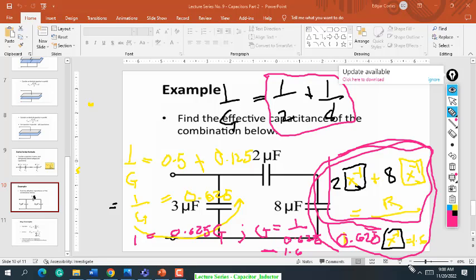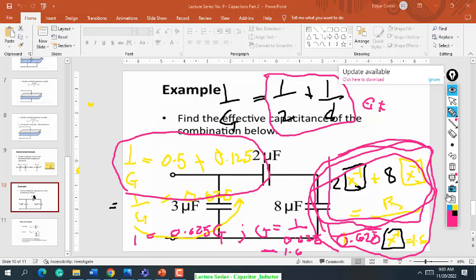Okay, are there any questions on how we arrive at 1.6 using the traditional way, the simplified formula, and the general formula? This is the general formula. You can try it at home.